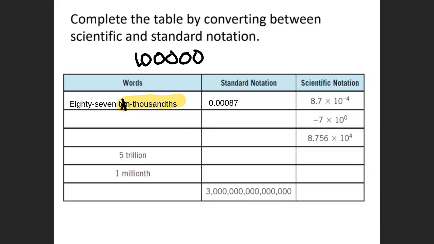This should then be 100 thousandths. 1, 2, 3, 4, 5. Take the 1, put 5 zeros behind it. What's that number? That number is 100 thousandths.